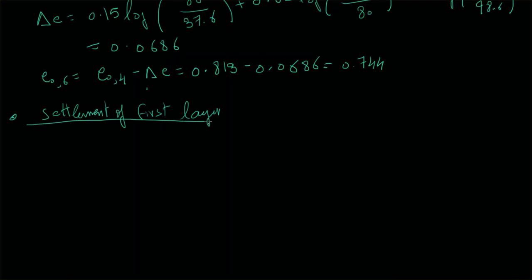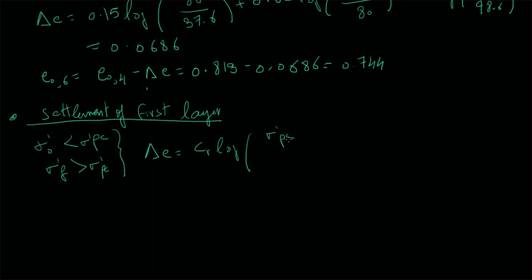We need to find delta e. Since this sigma dash naught is less than sigma dash BC and sigma dash final is bigger than sigma dash BC, we're going to use the following formula. Delta e equals CR log sigma dash BC over sigma dash naught plus CC log sigma dash final over sigma dash PC, which will be the same formula for the second layer as well.